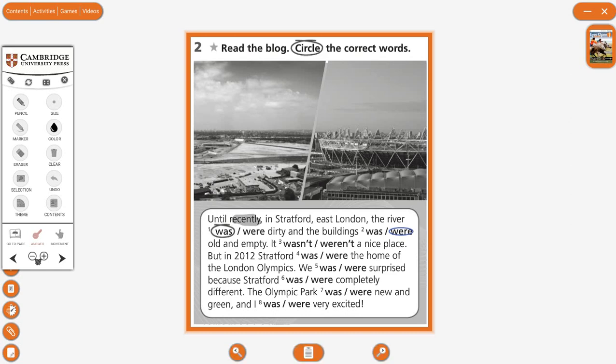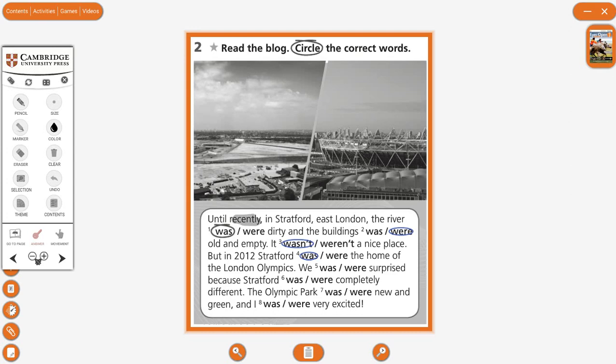That's good. It wasn't a nice place, but in 2012, Stratford is a place, so we have to say in here, and it's a singular noun. It was the home of the London Olympics.